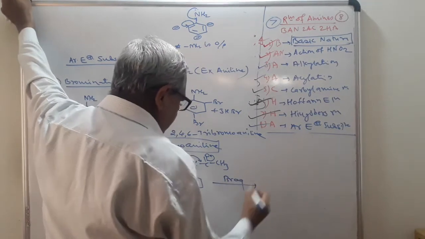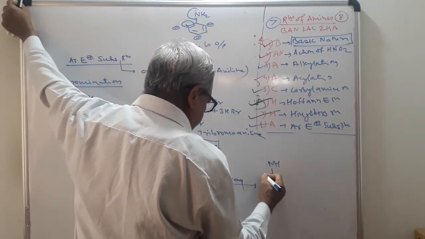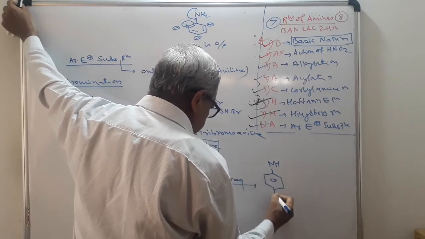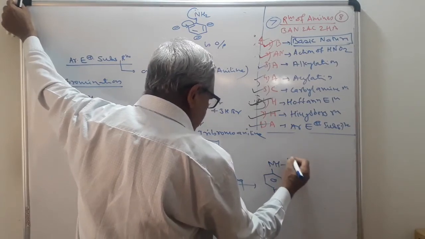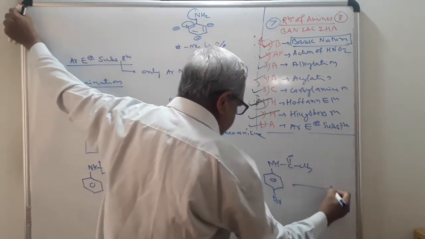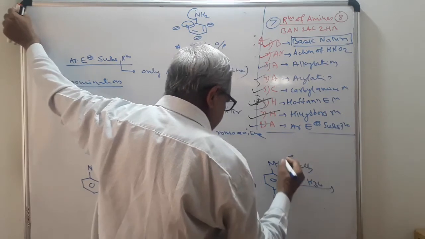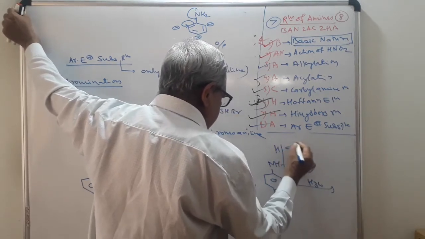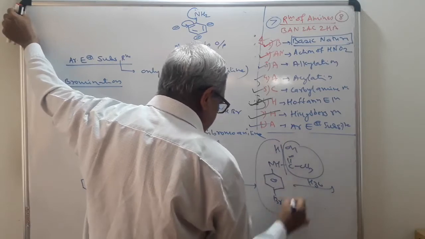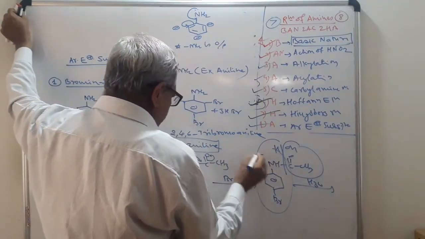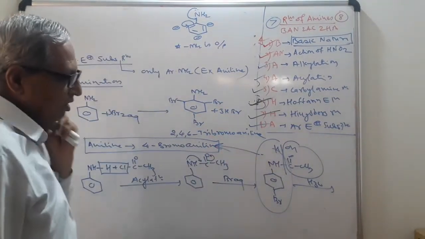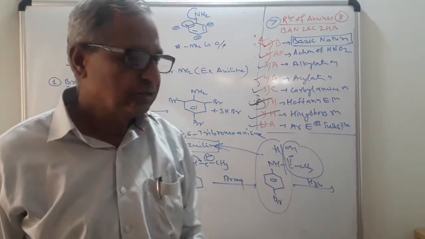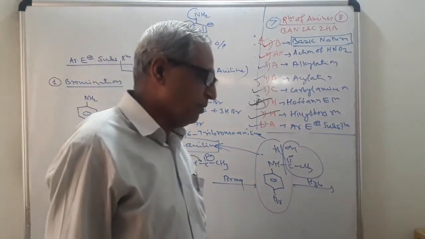In this case you will get NH, COCH3 with bromine at the para position. Then the next step is acid hydrolysis. You break this one with H and OH. You remove the acetic acid, and by this you will get para-bromoaniline or 4-bromoaniline. So in this way you can prepare that compound.